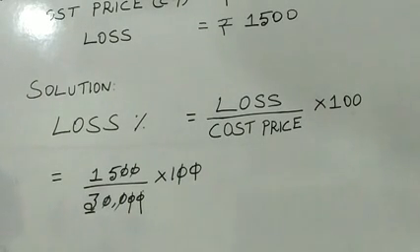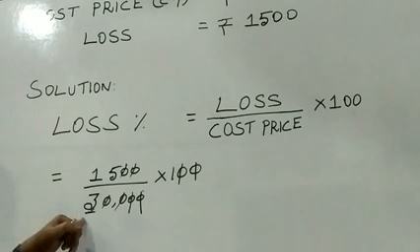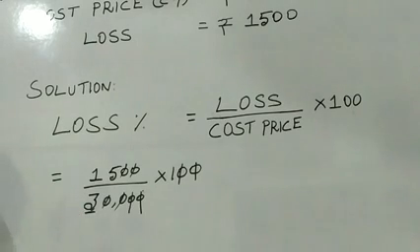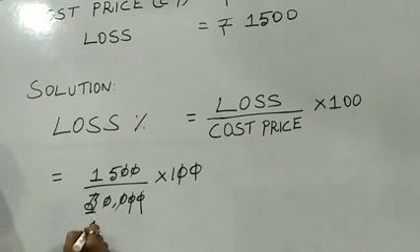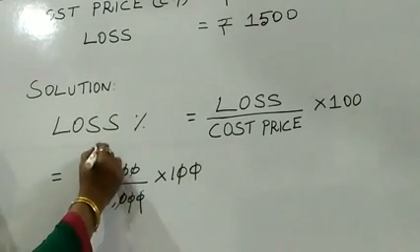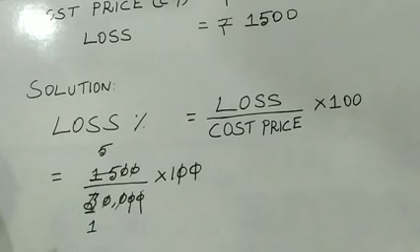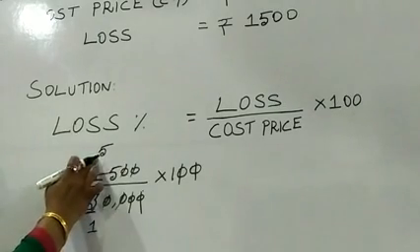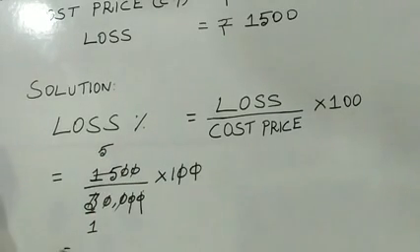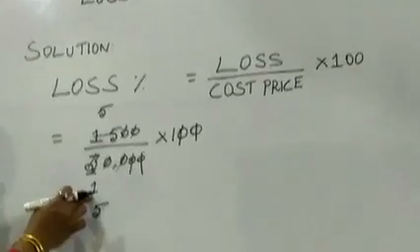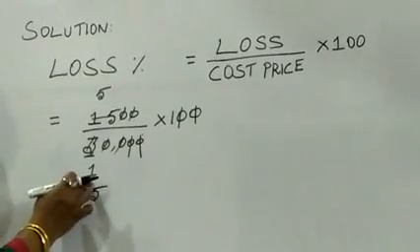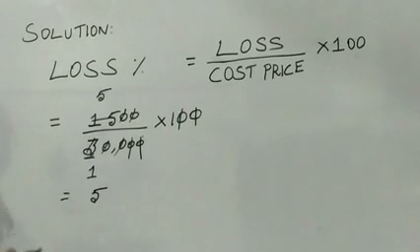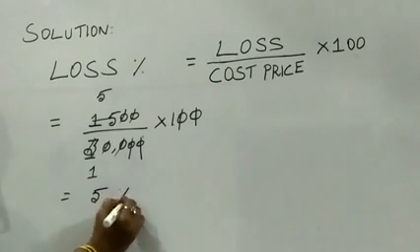So which table can divide both 3 and 15? Yes, very good. 1 3 is 3 and 5 3s are 15. So 5 ones are 5. In the denominator you have 1, no need to write it. So your loss percentage is 5%.